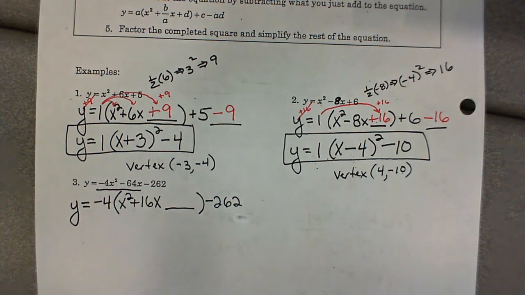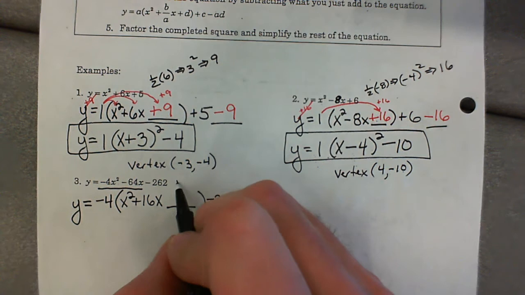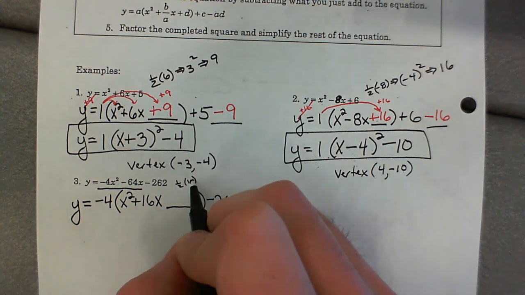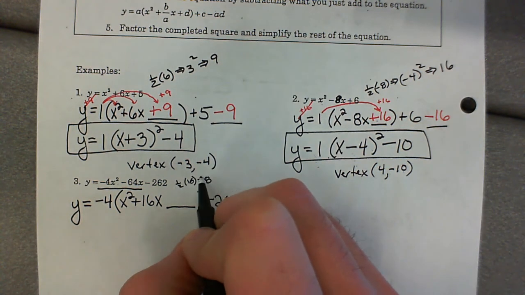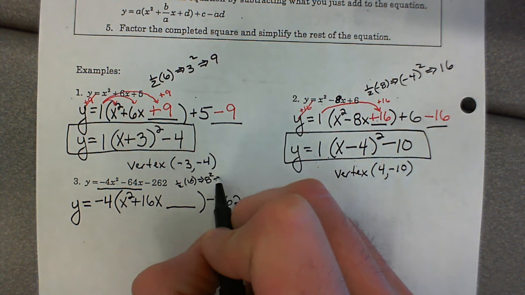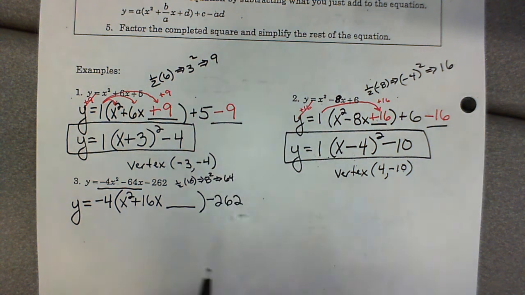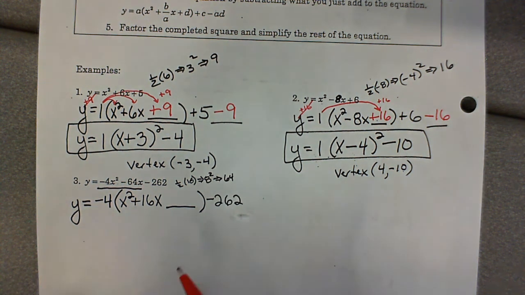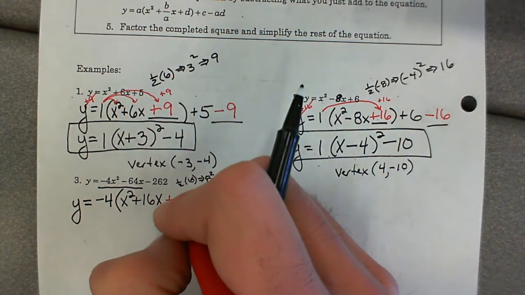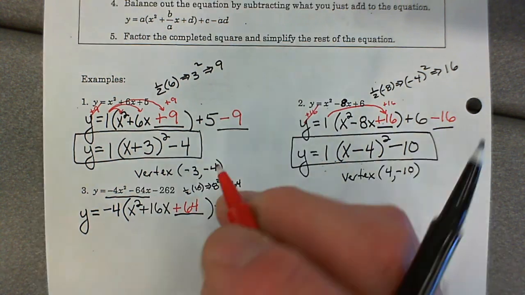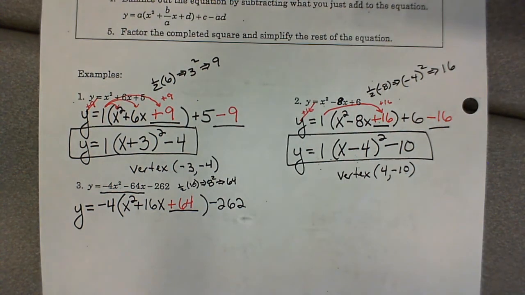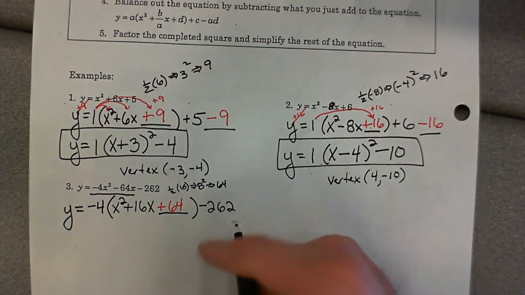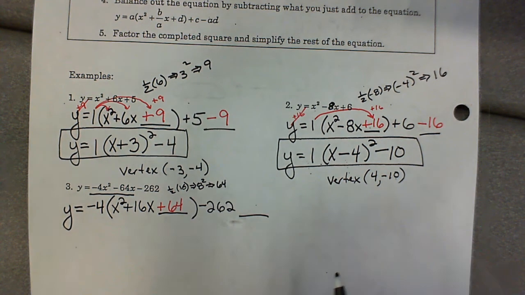Okay. So now we're ready to come up with our third term. So we're going to take half of the 16, which is going to get you 8. We're going to square that, and that's going to get you 64. So this number here is a positive 64. Okay. Now, we need to compensate for that over here.